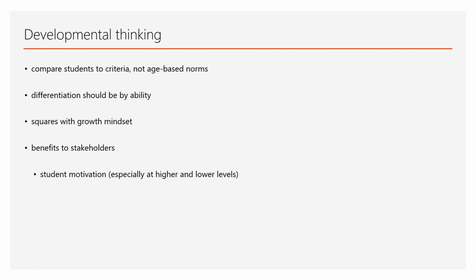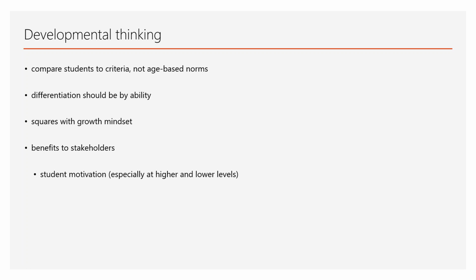Teacher time is finite, and the government says get everybody up to this age norm, and once they're at that age norm, oh, they'll be fine. So students who make the least amount of progress in Australian schools are those at the top end, because there's not a developmental model thinking behind the education that they receive.